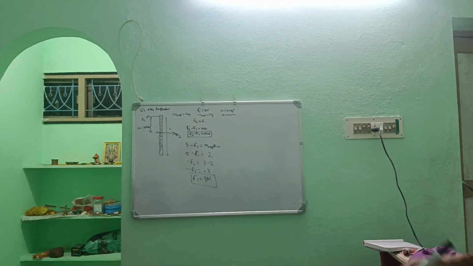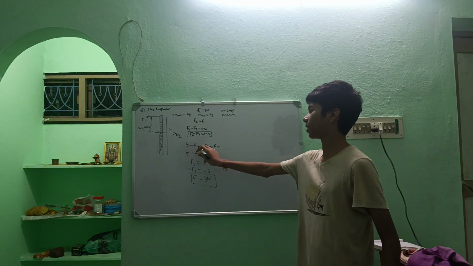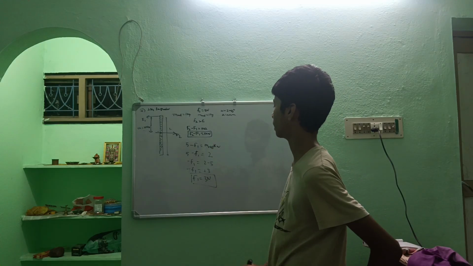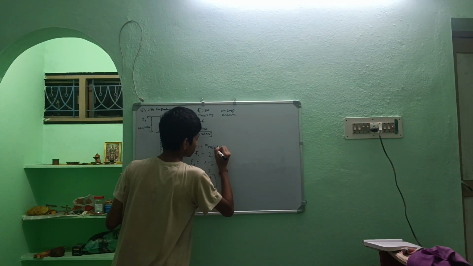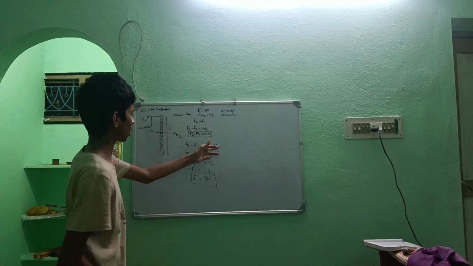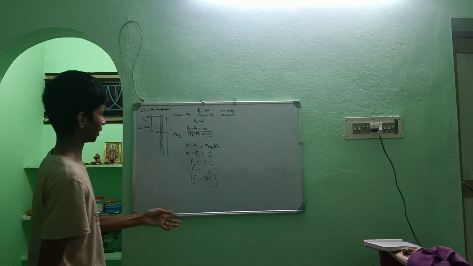Note it down. Okay? 5 minus F1 equal to m rod into w, which equals 2. How do we get 2?